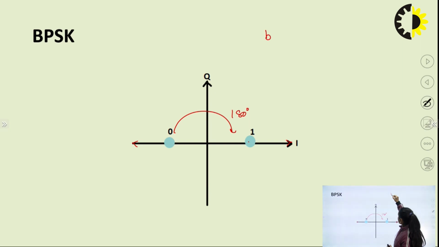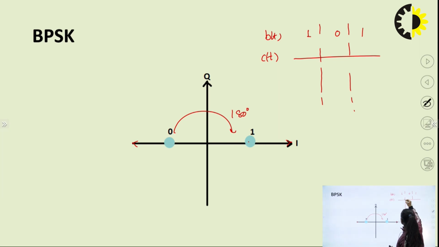I consider my binary bits like bit 1, 0, 1, and let us consider that in 1 bit duration 2 carrier cycles are passing.